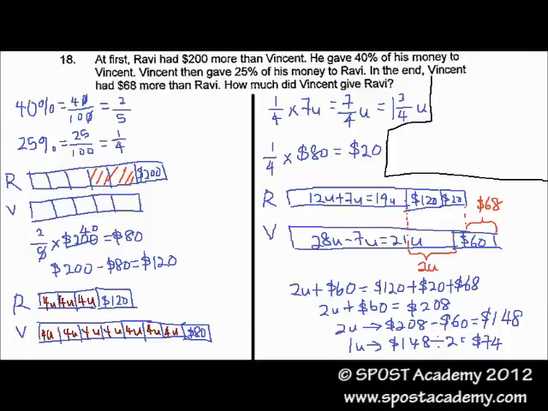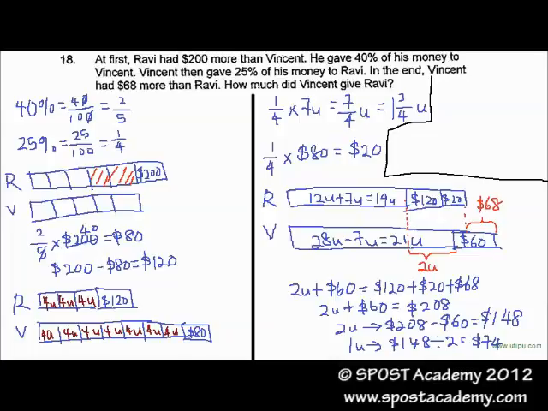The final question is asking how much did Vincent give Ravi? According to the question, Vincent gave 25% of his money to Ravi, which means it's the 1/4 part. Therefore, Vincent actually gave 7 units plus the $20 to Ravi.